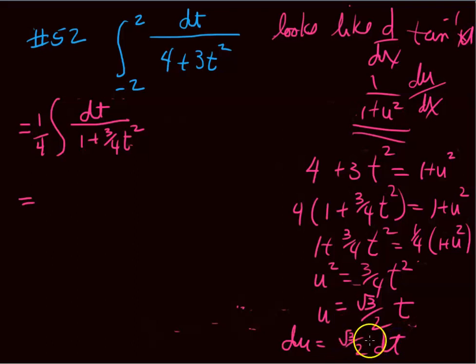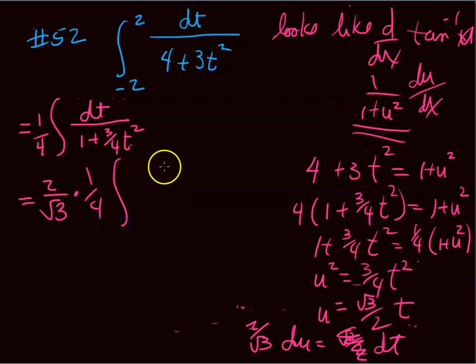Well, the dt is here, but I don't have this square root of 3 over 2, so I need a 2 over the square root of 3 with my du. So I've got a 2 over the square root of 3 and a 1/4, and the du is now going to replace the dt, and the 1 plus 3/4 t squared, because I pulled out this 1/4, is going to be 1 plus u squared. Does that make sense?